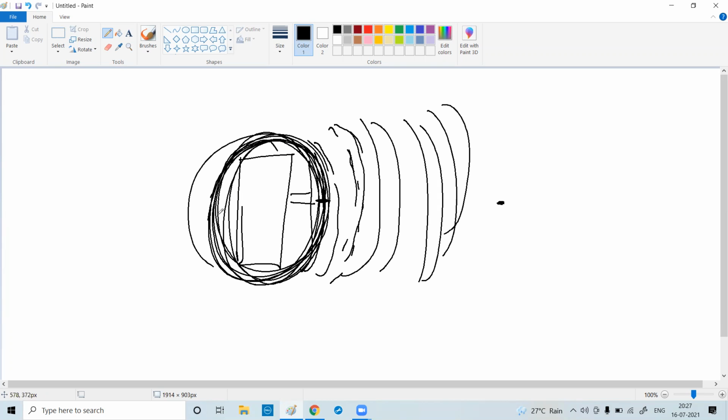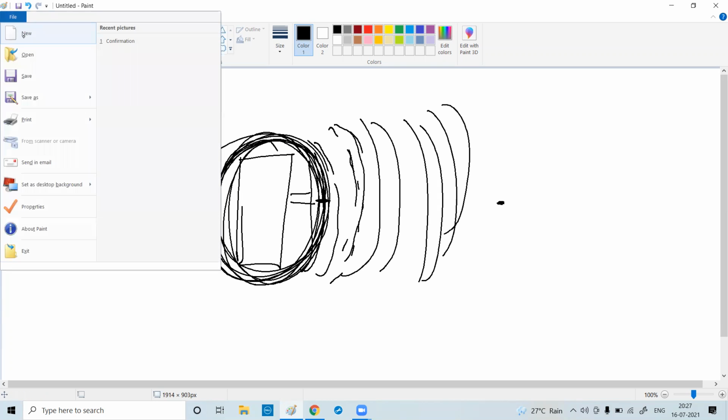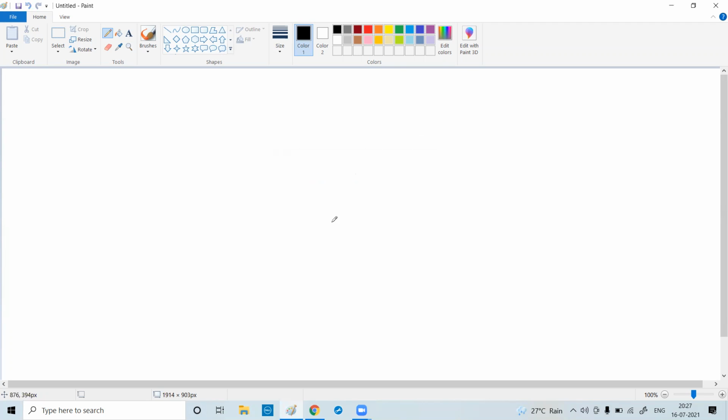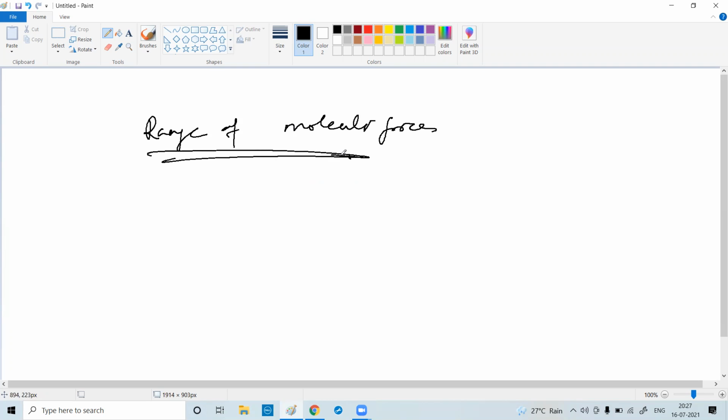Similarly, these cohesive forces or adhesive forces also have a range. They are called range of molecular forces. Is it clear?